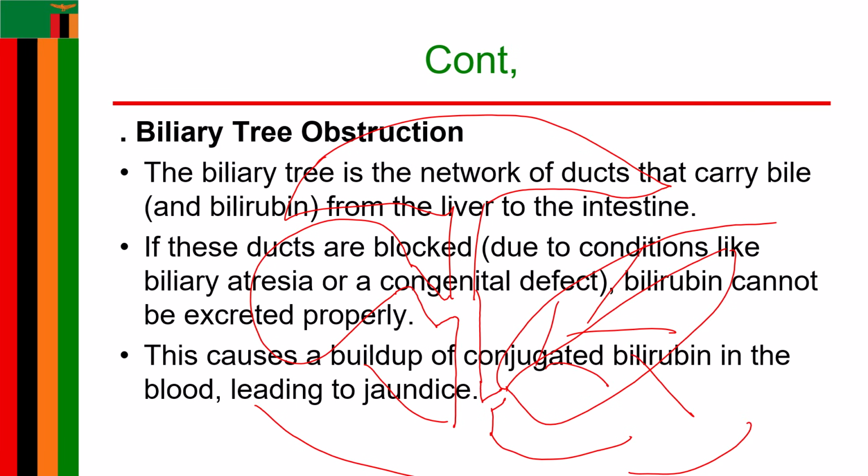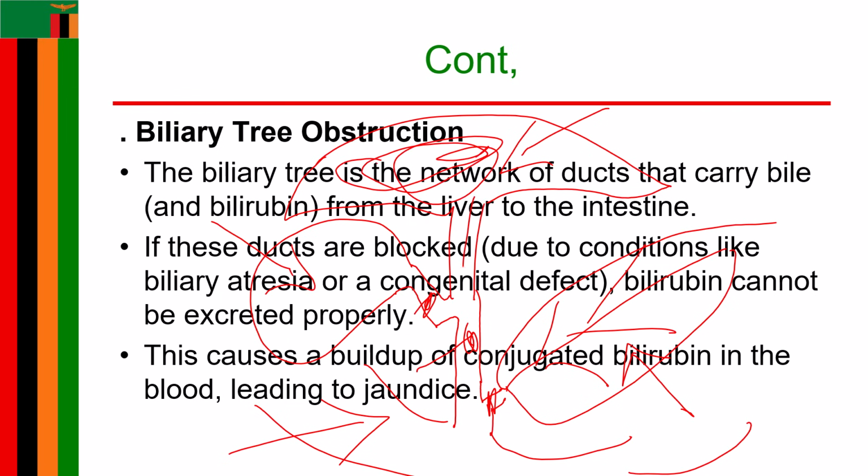You have the pancreas, this is the pancreas, you have the liver here, you have the gallbladder here, you have the intestine there. This is the common bile duct, we have the pancreatic duct here, and we have the duct joining from the gallbladder. So when we say biliary tree obstruction, it means that any portion of this biliary tree is blocked, and the conjugated bilirubin coming from the liver can't be excreted in feces.